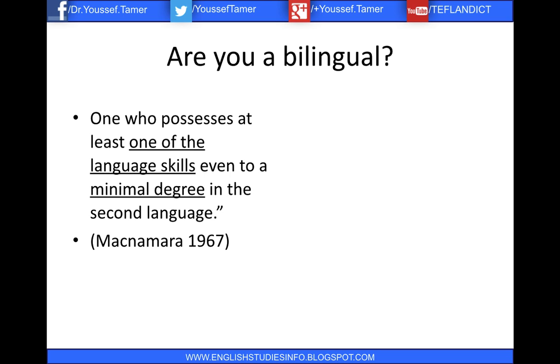You might guess that bilingualism, a bilingual, it's clear. It's somebody who speaks two languages. But the sociolinguists, they differ somehow among each other. So, for example, this one, write it and then we will explain it.